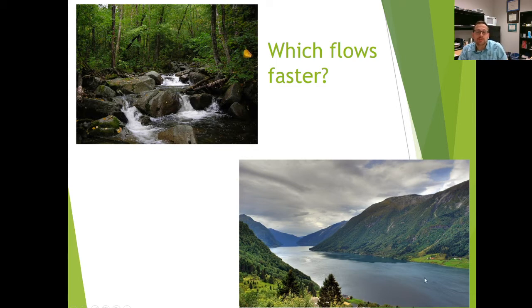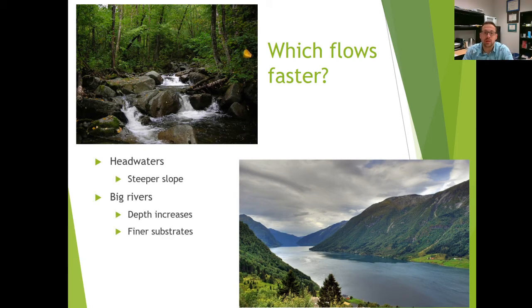Now, compare that to a big river, where you don't have a lot of friction. In the headwaters, you get a steeper slope, so you might think that since it's steeper, the water should go quicker. But big rivers generally have less slope, so that doesn't necessarily happen.